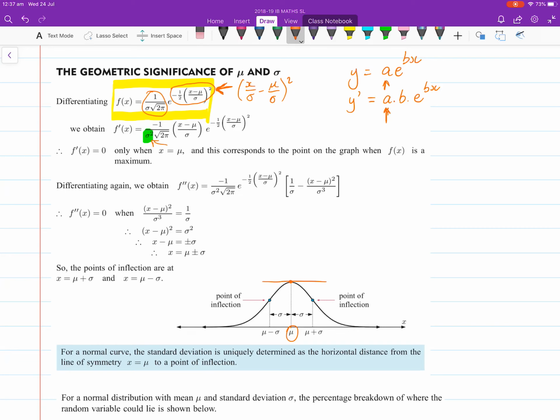Okay, good. Now we know that f double dash will also equal, well, actually we just know we want this to, let me have a think, hang on. f double dash x equals 0, if we let that equal 0, because it could be a point of inflection, right?